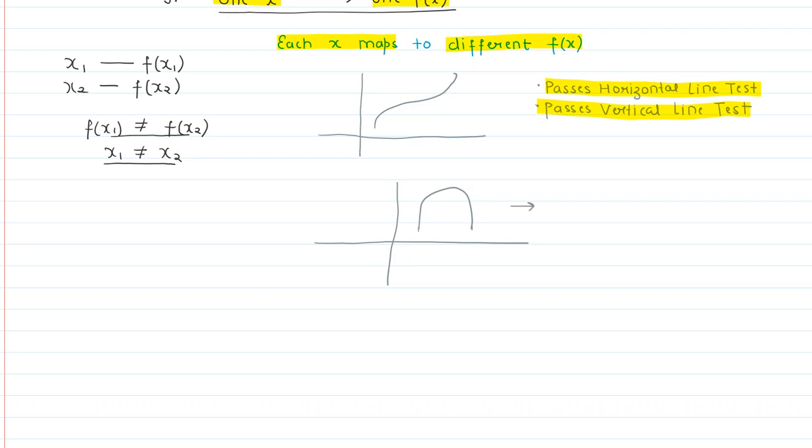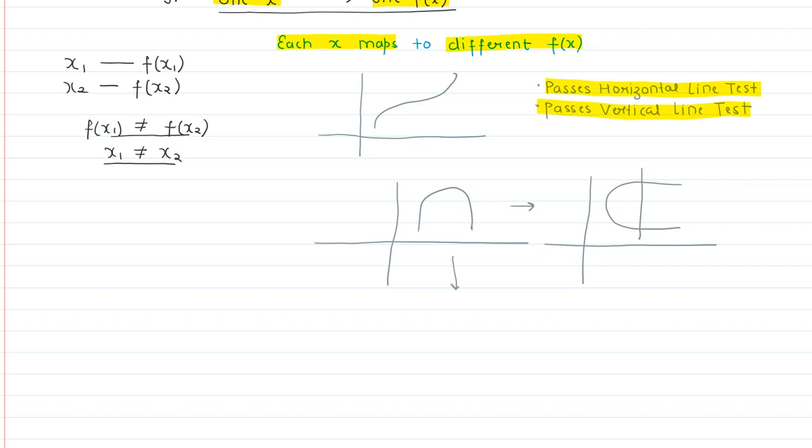Now if we reverse this, it ceases to be a function because it can no longer pass the vertical test.